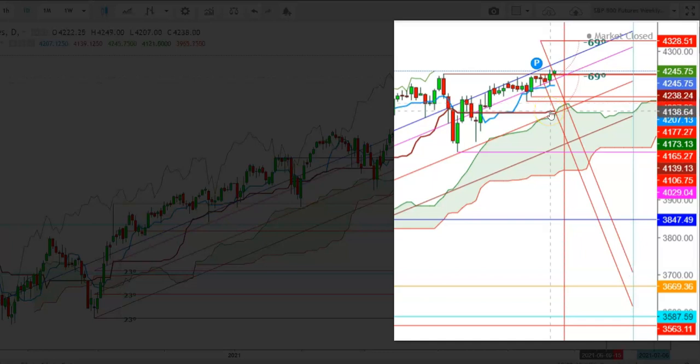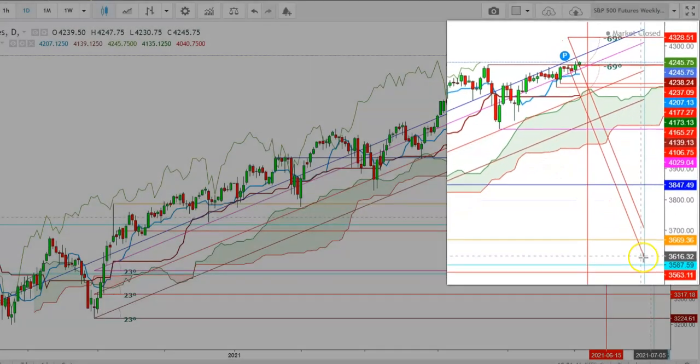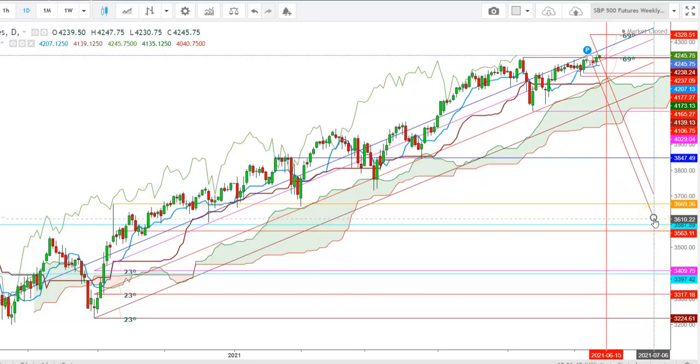So here I find that if the S&P 500 futures are not able to hold above the 26 days moving average, which is currently at the levels of 4140, after the outcome of the Federal Reserve's meeting on June 16th, we'll see a major fall in S&P 500 futures, where the S&P 500 futures could even break the lower end of the Ichimoku cloud in a daily time frame, which is currently at the levels of 3978, and I find that a breakdown below the Ichimoku cloud could push the S&P 500 futures to test new lows up to the levels of 3610. So friends, be ready to see action in the S&P 500 futures.